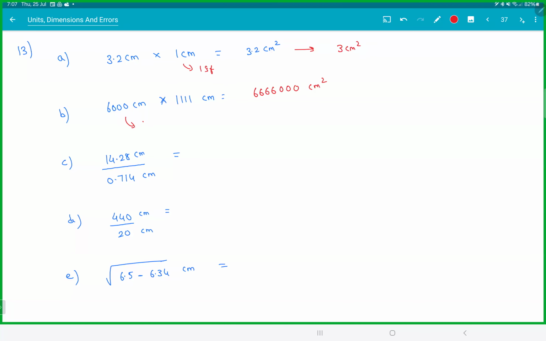But remember, this has only 1 SF. So this is 6.666 into 10 power 7 centimeter square. We need to round off this. Look at the second digit, greater than 5, so this becomes 7 into 10 power 7. Isn't it? 6000 has only one SF.